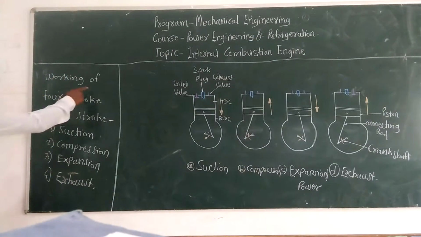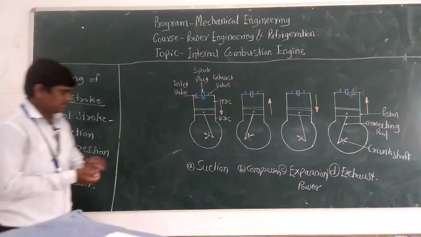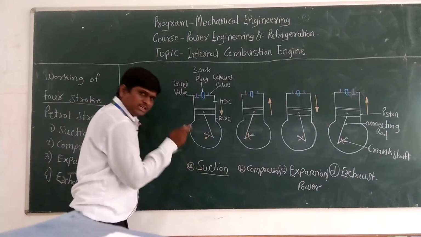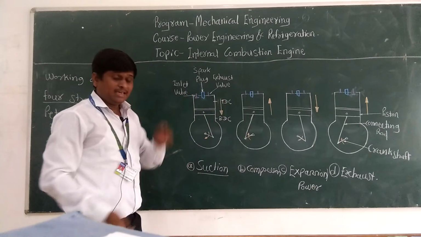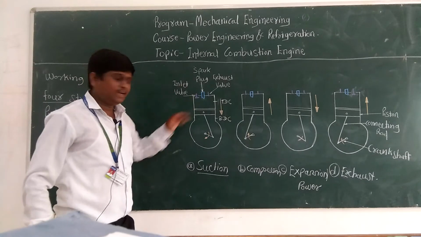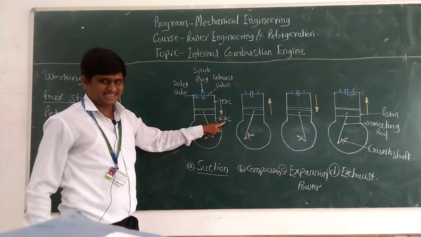So in the working of the 4-stroke petrol engine, 4 strokes are completed. The first stroke is suction. This suction stroke starts from TDC to BDC, meaning in the cylinder the piston reciprocates from top dead center to bottom dead center.